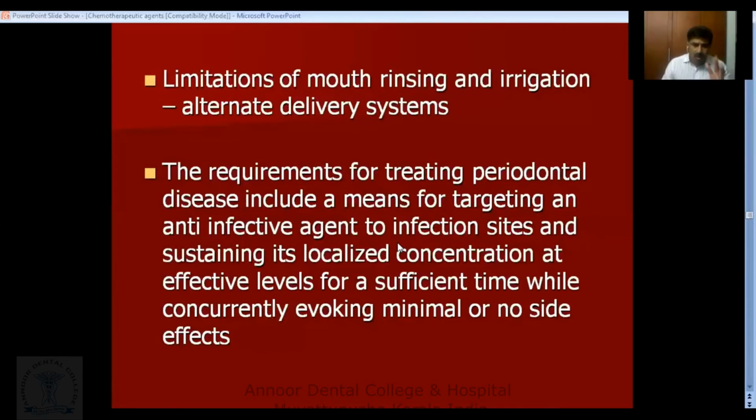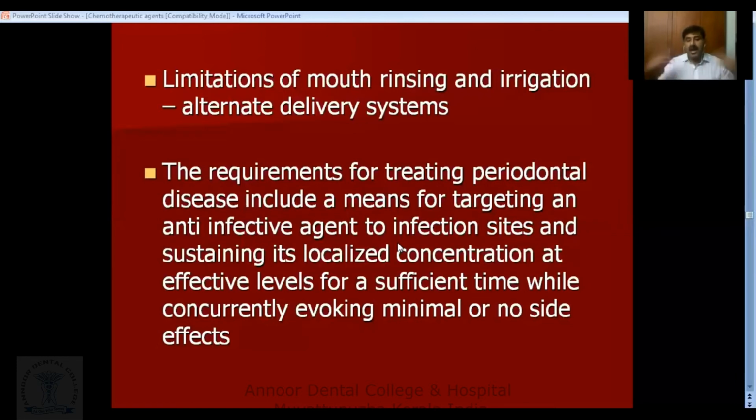So now what the investigators thought is, why not deliver these antibiotics just to that periodontal area. When there is periodontitis, there is always a pocket. So why not develop a delivery system that you place within the periodontal pocket, and from within the pocket these drugs will slowly come out and, over a period of time, act on that area.